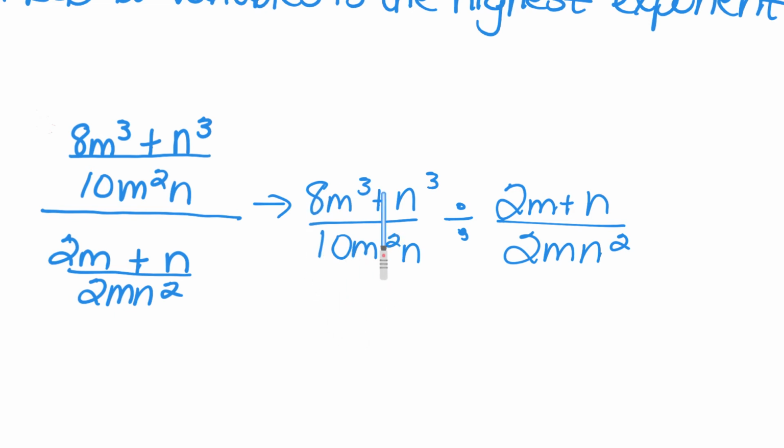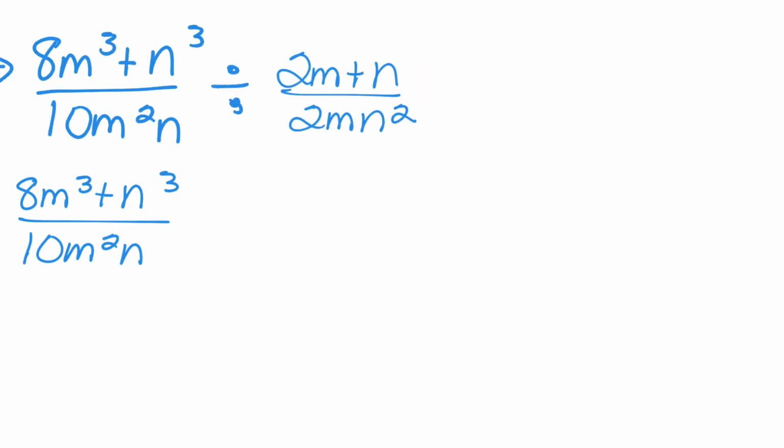So this fraction right here, or this rational expression here, is being divided by this rational expression. So now let's do the copy dot flop. So this is copy. I copied this right here. Dot flop, because I switched the numerator and the denominator right here.